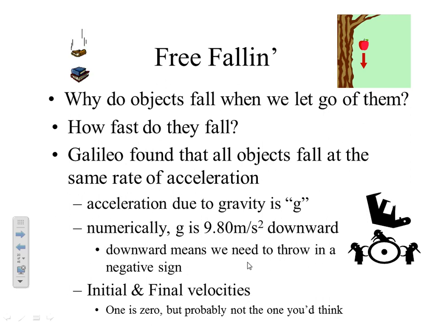But when I'm talking about something falling because of gravity, if I have this pen in my hand, as soon as I let go, as soon as I remove contact with the pen, that's the initial velocity. What is that going to be? 0. I didn't throw the pen downwards or toss it upwards. I just released it. So the initial velocity is 0.